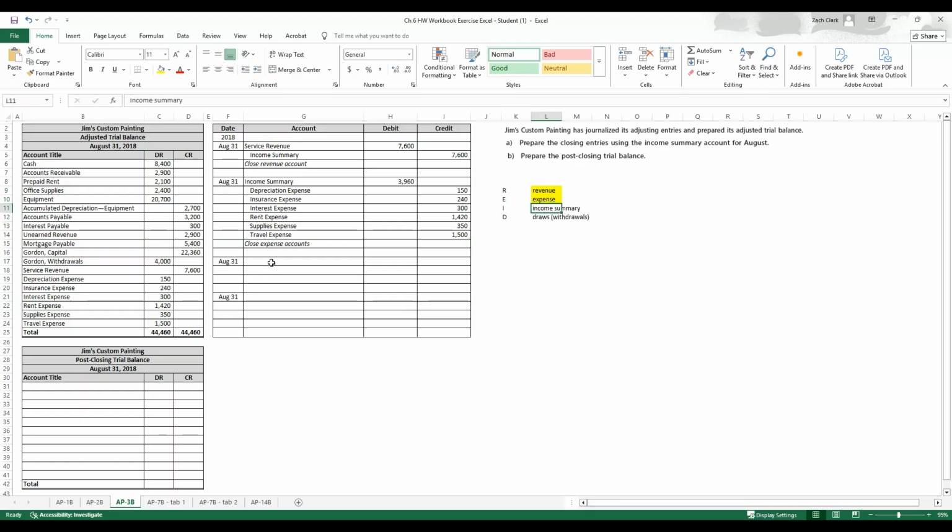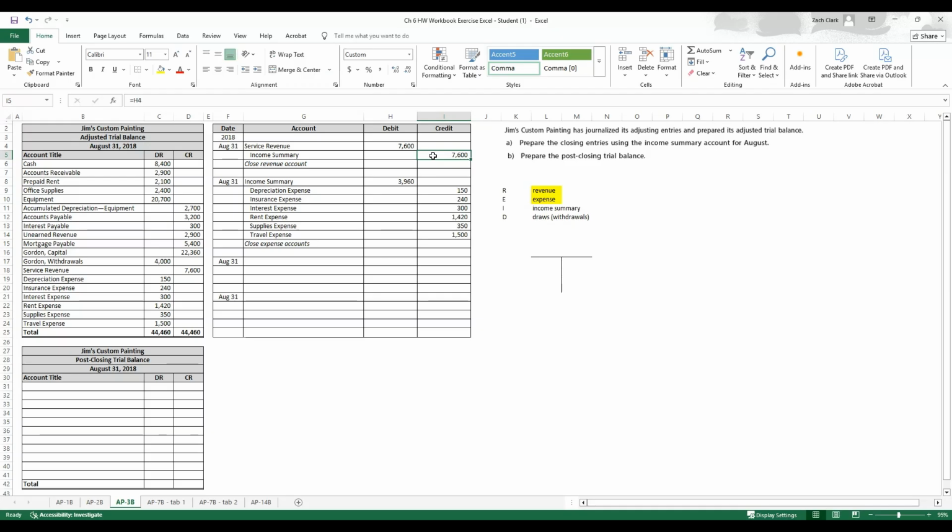The next thing is the income. We're going to close the income summary account specifically now. Let's make a little T account just so I can illustrate this with Excel here.